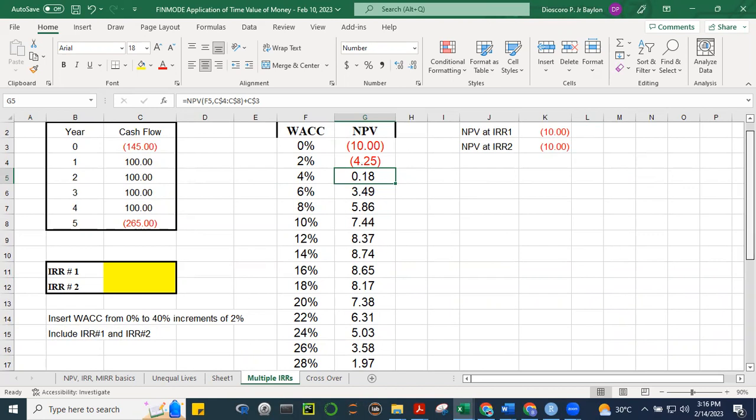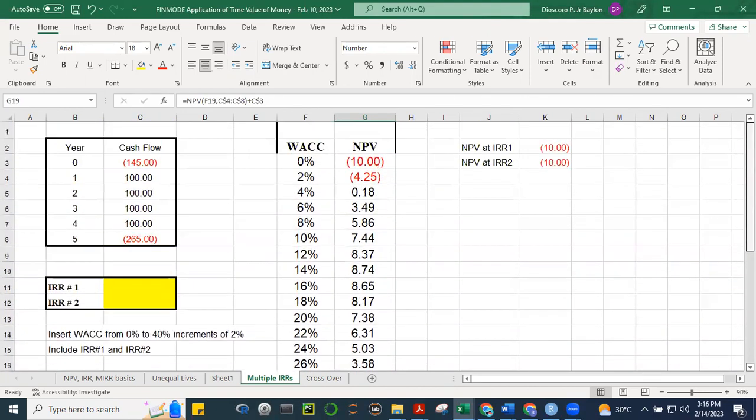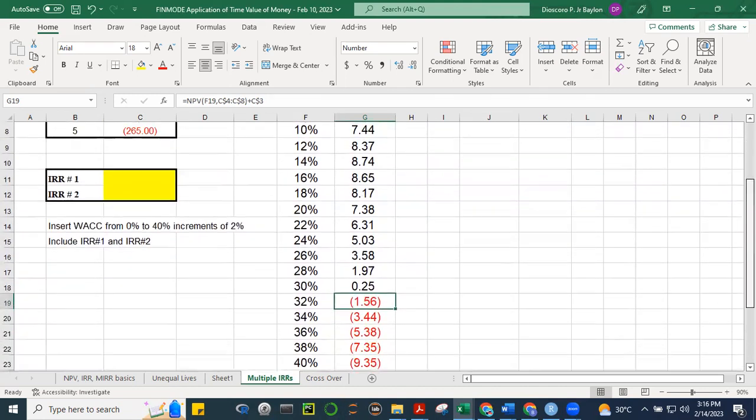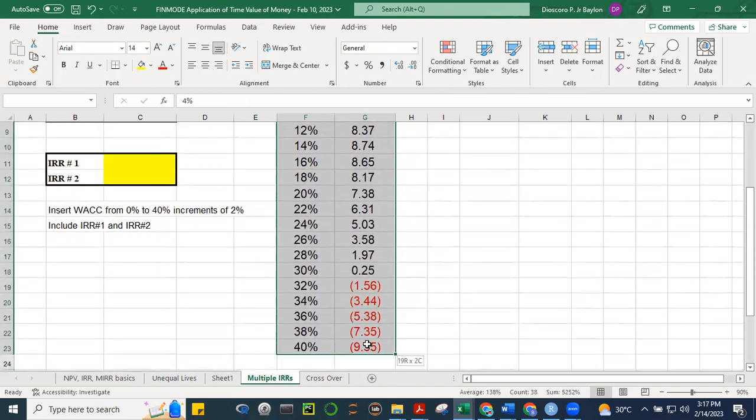However, at 30% it's okay, and then at 32% it's no longer okay. So you can see here that the net present value changes from project is okay up to project is not okay.